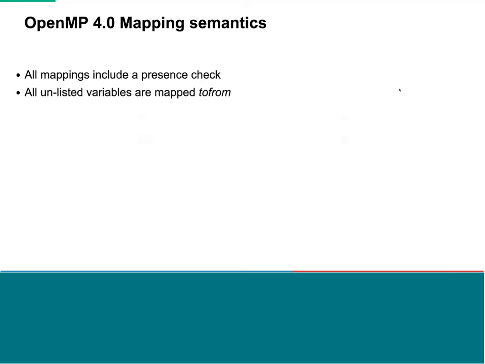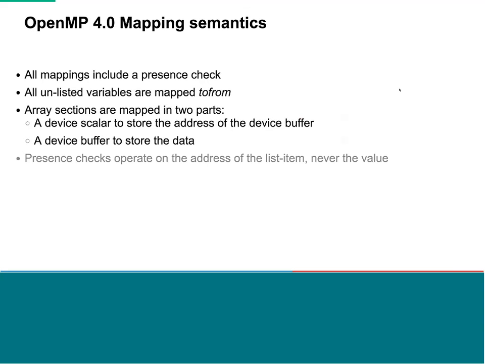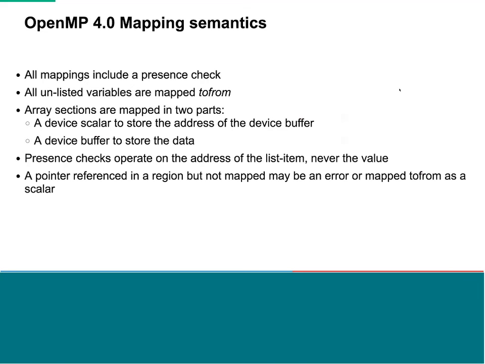All unlisted variables were mapped tofrom, and array sections were mapped in two parts: a device scalar storing the address of the device buffer, as well as a device buffer that would store the data. And the presence checks operated on the address of the list item, never the value. So pointers referenced in a region but not mapped would be mapped tofrom as a scalar.